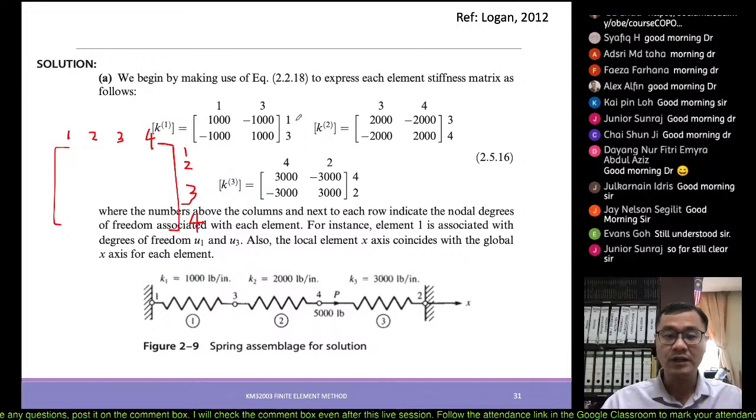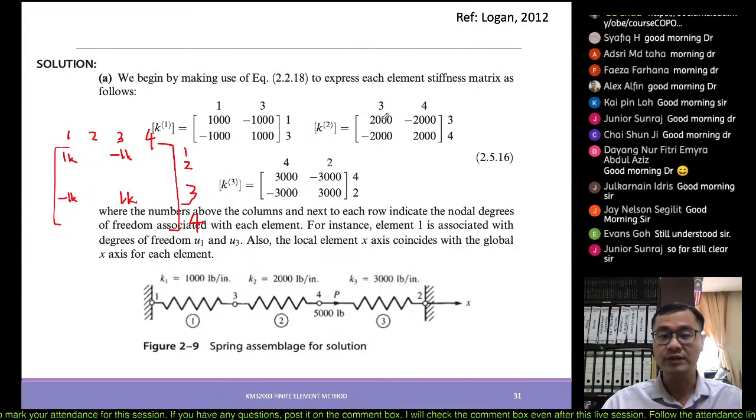Here 1 and 1 is 1k, 1000. Then 1 and 3 we have minus 1000, then 3 1 we have minus 1k, 3 3 we have 1k.